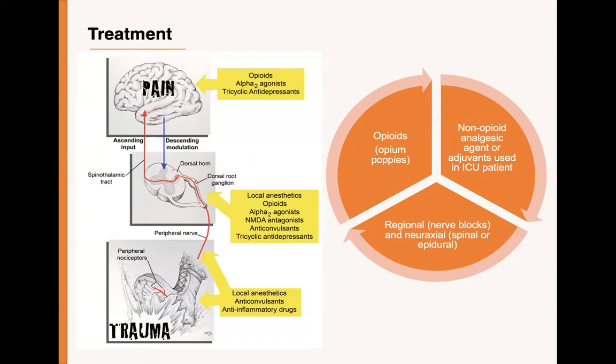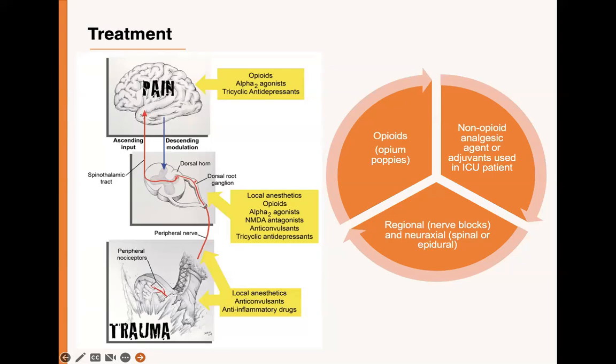This brings about the concept of multimodal analgesia: using more than one drug with a different mechanism of action, acting on different places in order to combat the intensity and severity of pain. By doing so, you minimize the amount of opioid use, and you have adequate pain management with minimal side effects associated with individual drugs. So we have opioids, non-opioid analgesia and adjuvants, and regional techniques as well for management of pain.